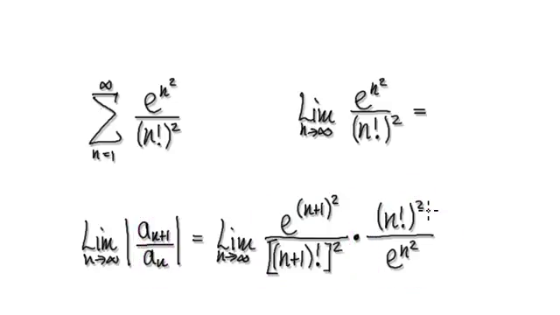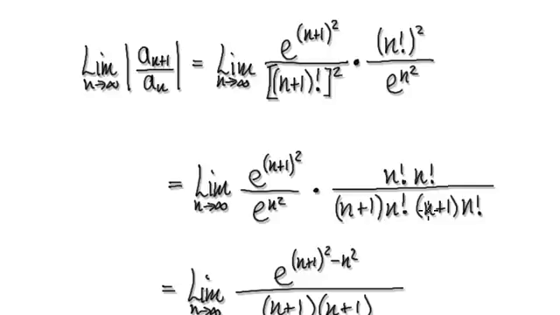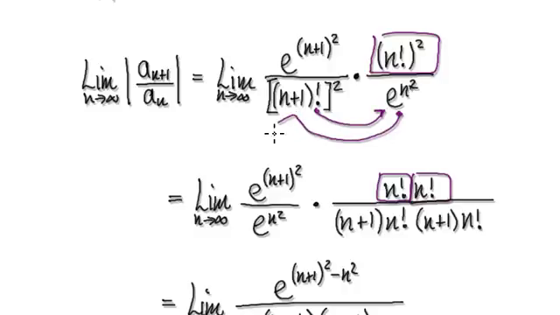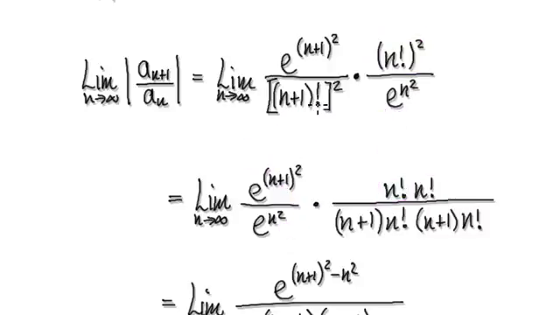Now it's just a matter of tidying this up. Visualize this as a block of n factorial times a block of n factorial. Let's just switch these two around. So this one goes over here, and this one moves over to here. For this one here, remember (n+1) factorial will be (n+1) times n factorial.